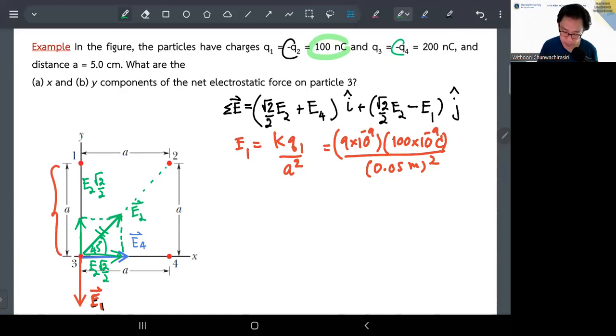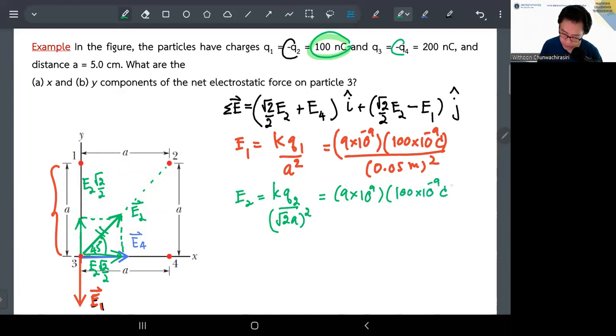And you move on to the E2. It's going to be K, Q2 over, now you want the whole diagonal distance over here, and it's just root 2 a, the whole thing squared. With me? Okay. And all you have to do now is plug in K times Q2, which is 100 nanocoulomb, the same value, divided by root 2 times 0.05 meter, the whole thing squared.